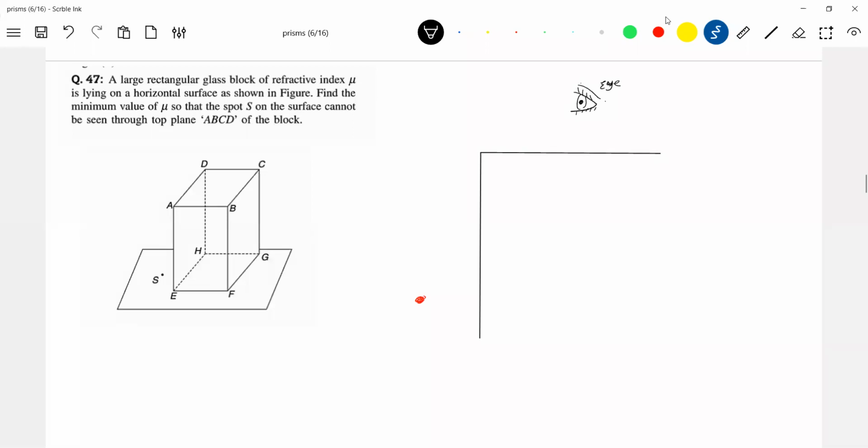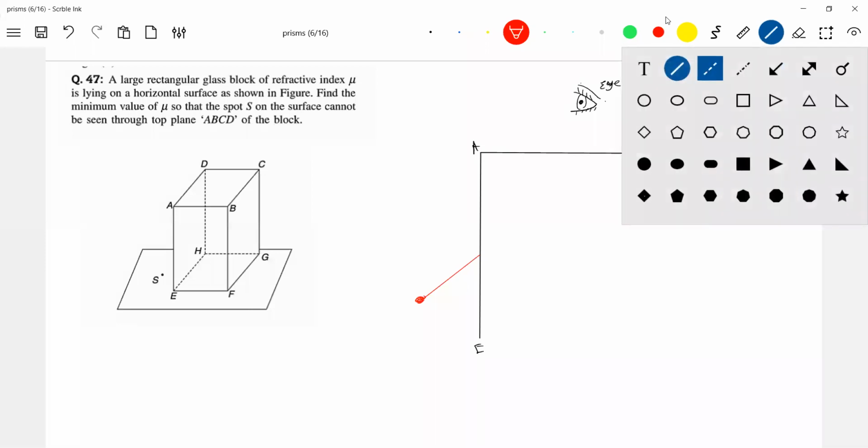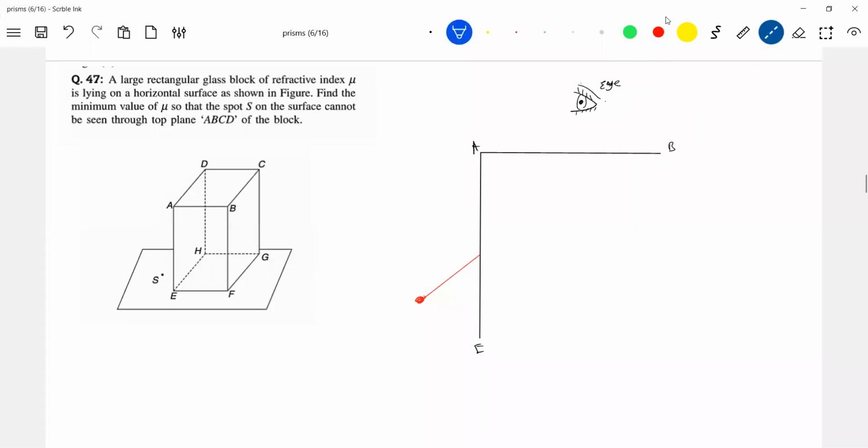If they undergo TIR here at the face, this will be for our convenience. I will write like I'm making a plain diagram. A and AB, no problem with it. So the rays will emerge from here, they'll undergo refraction.